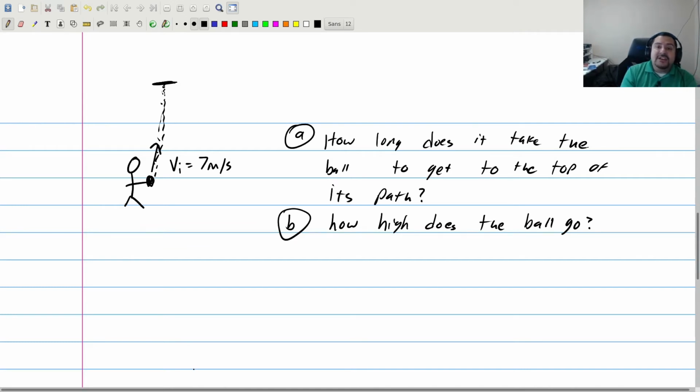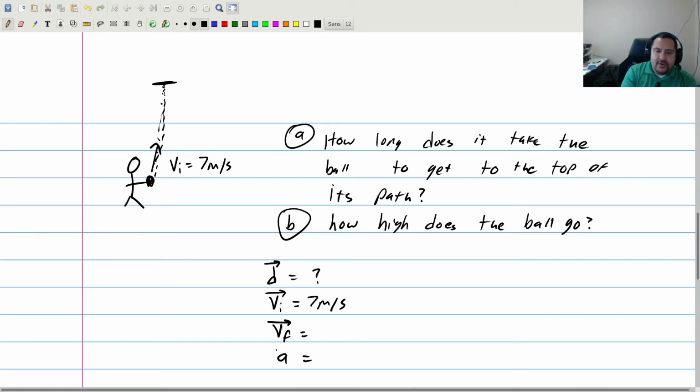Okay, so we start by thinking about what are the pieces that we know. And we're going to make ourselves a table. The table is going to start with displacement. We don't know that. V initial, we're given in the problem, that's 7 meters per second. V final, we'll talk about in a second here.